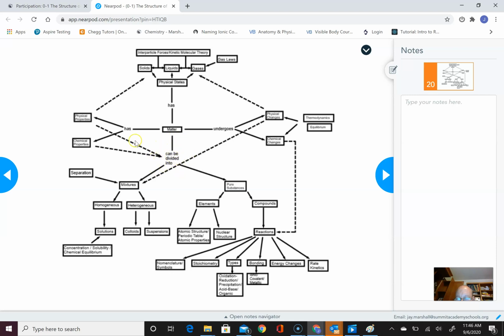They're going to allow us to classify matter. So physical properties and chemical properties will allow us to divide matter into pure substances and mixtures. Okay, there's only two choices there: pure substances and mixtures.